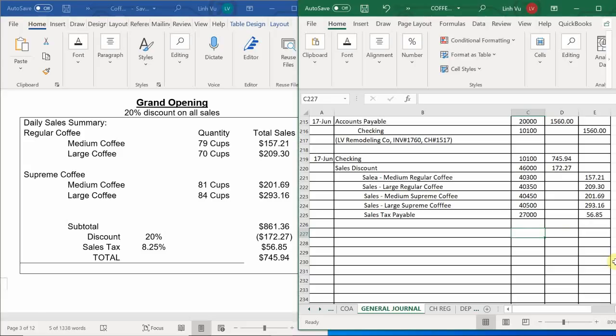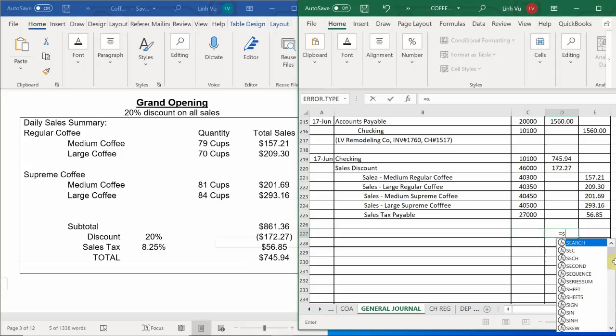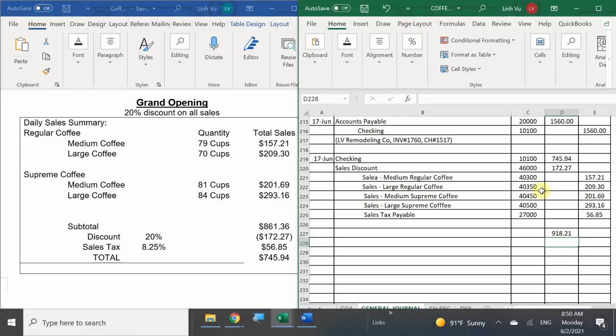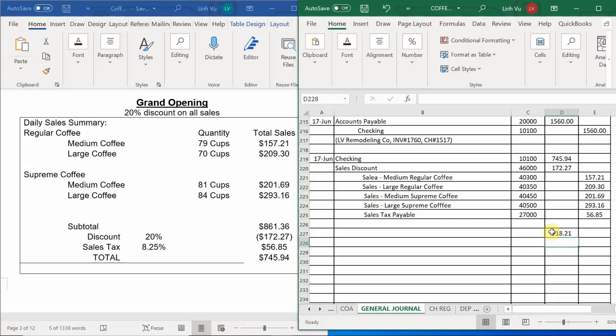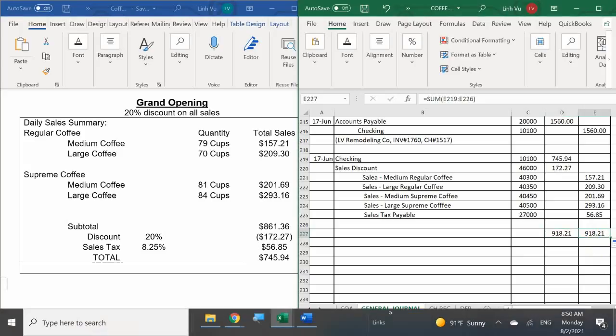It looks like I have everything there. Okay. What I'm going to do is go ahead and equal sum my columns to make sure I didn't make any typos, because I need to make sure that my debits match my credits. So in this case, I have a total of $918.21. So in this case, both sides match.